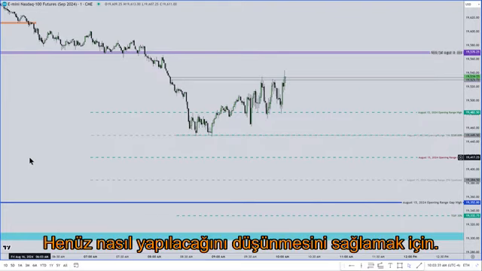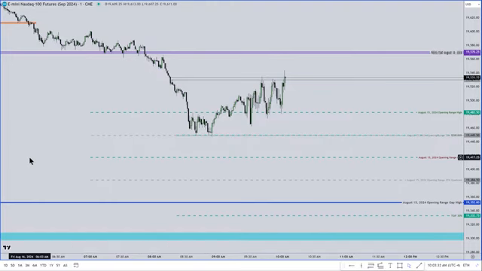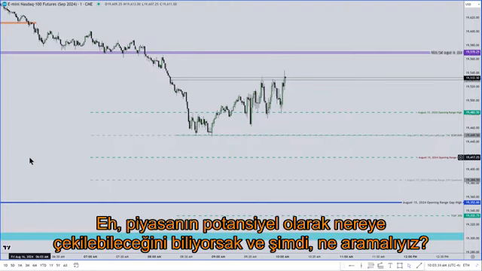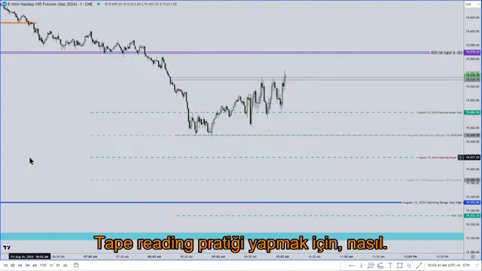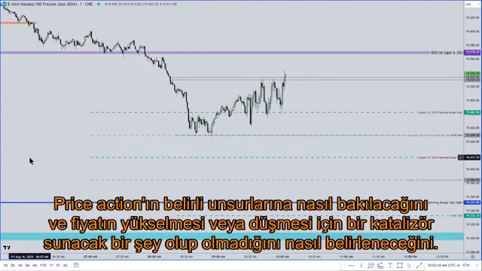It's to get him thinking about how, if we know where the market could potentially draw to, what we should be looking for, practicing tape reading: how to look at certain elements of price action and determine whether there's something there that would present a catalyst for price moving higher or lower.